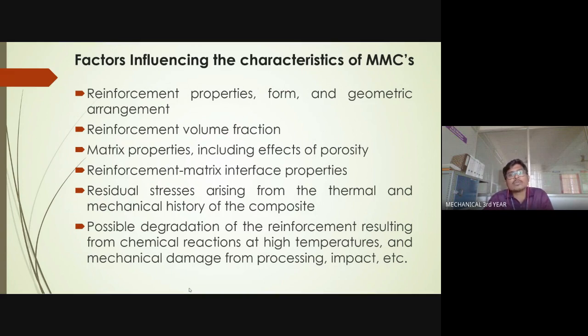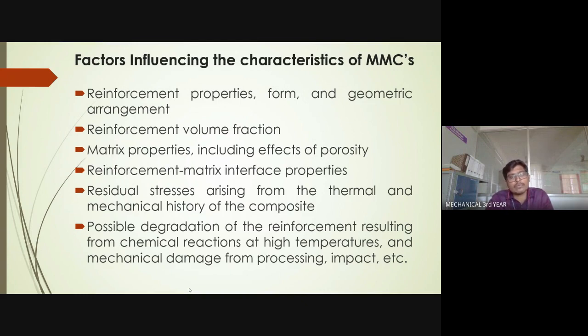Next, reinforcement volume fraction. Volume fraction is the most important thing in this case, because the volume of reinforcement has to be considered. If the reinforcement is more, the material that you are producing can withstand high load.